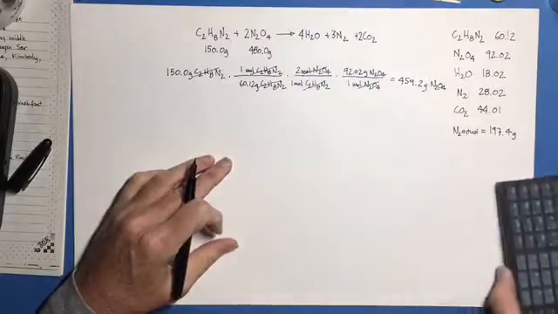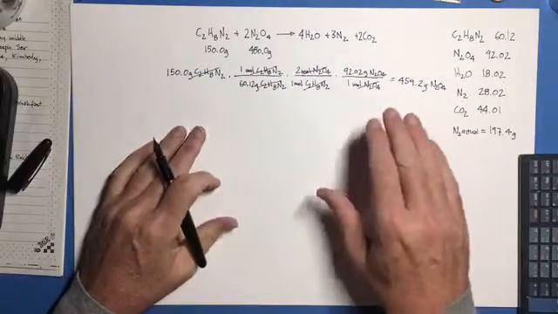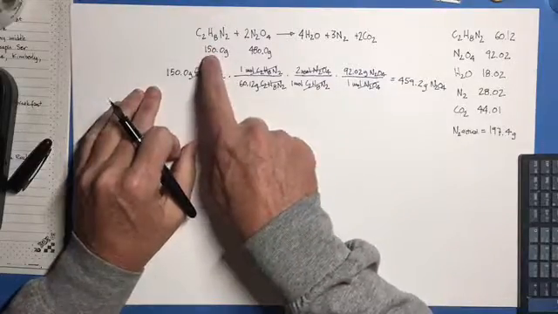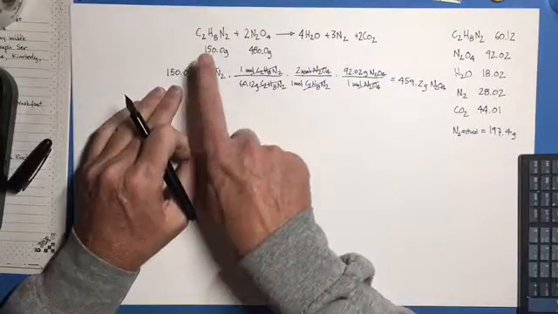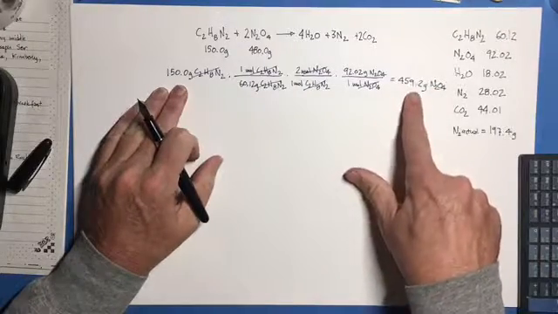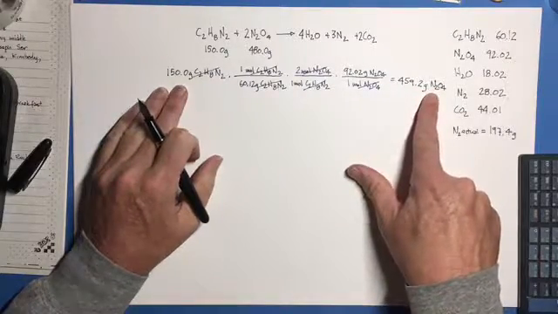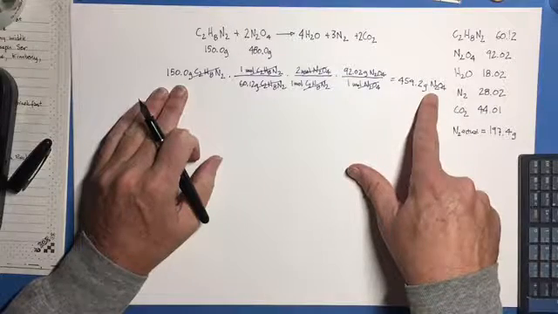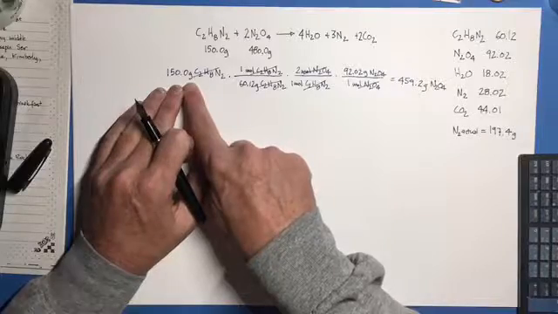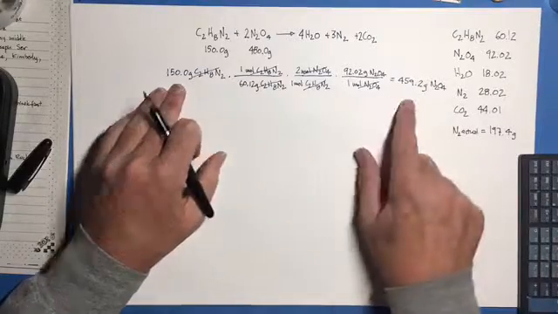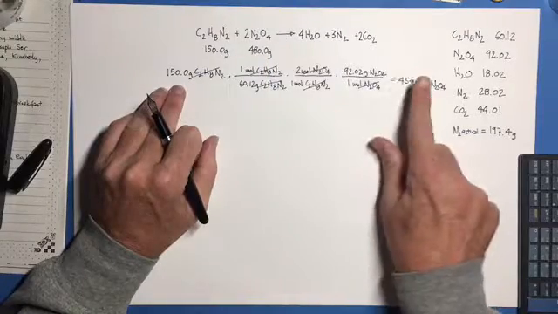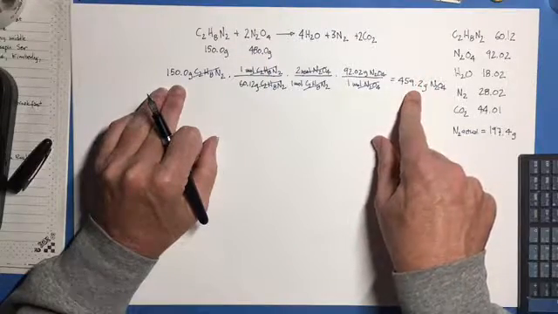All right. Now, what has that told me? Well, this tells me that if I run this reaction with 150 grams of dimethylhydrazine, I will need 459.2 grams of dinitrogen tetroxide in order to react with all 150 grams. Now, I have 480 grams, but I only need that much.